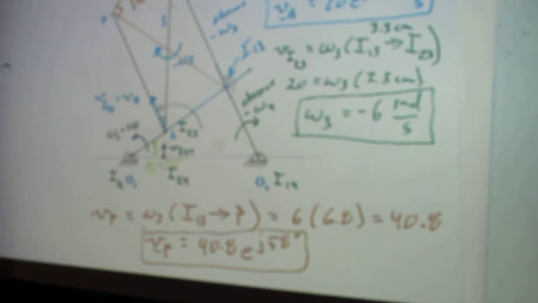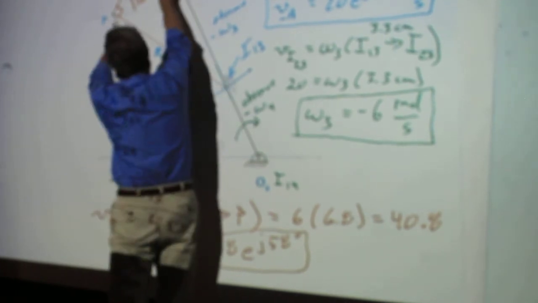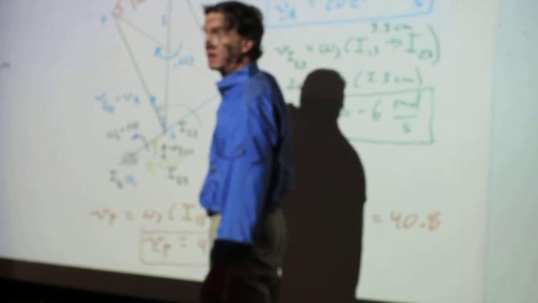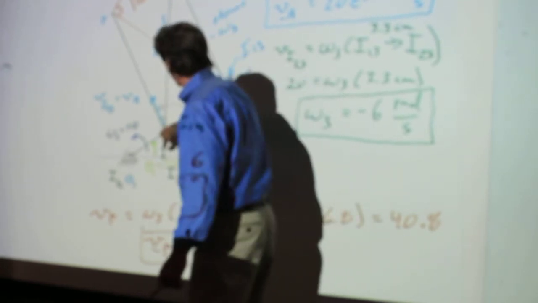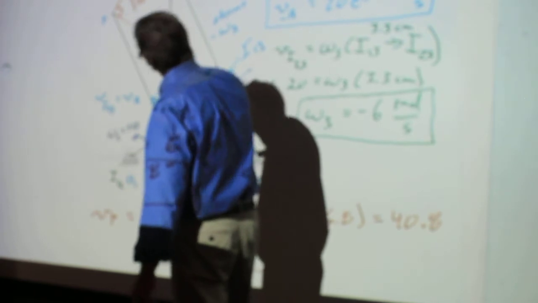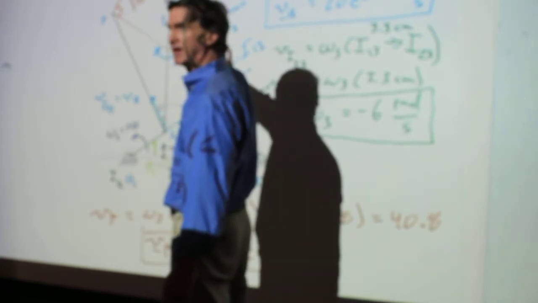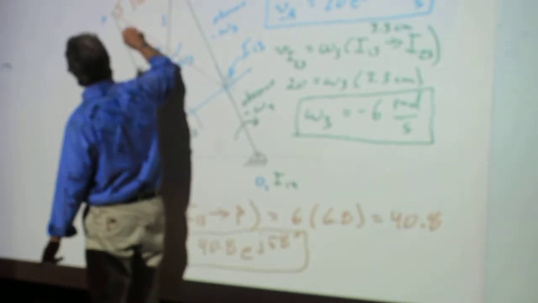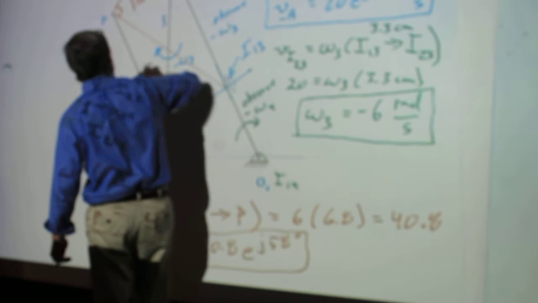How do I know the direction of the velocity of P? Okay. Point P belongs to link 3 here. All right? The instant center for 3 is I13. I observed from earlier that I13 makes omega 3 go like that. So the velocity of P can either be going like this or like this.